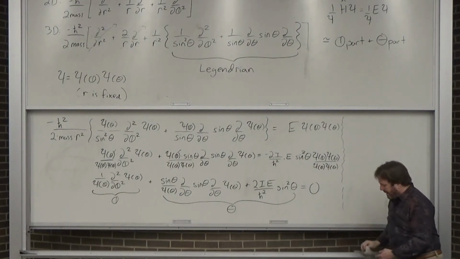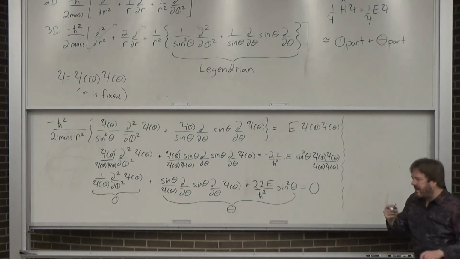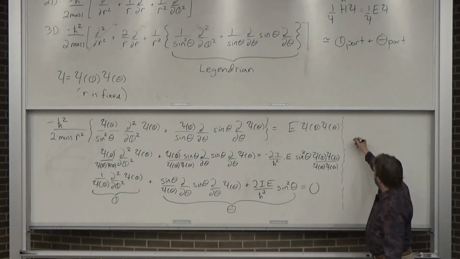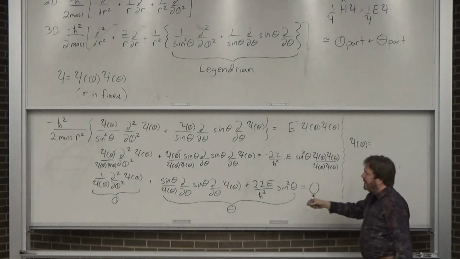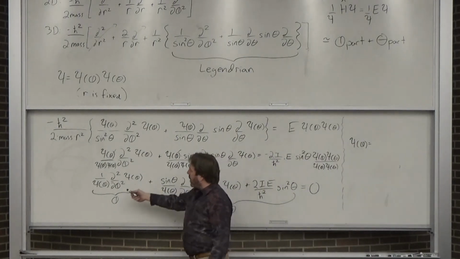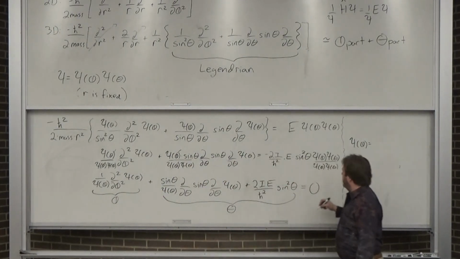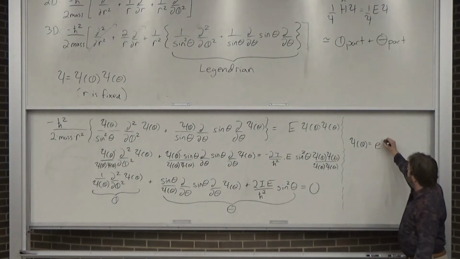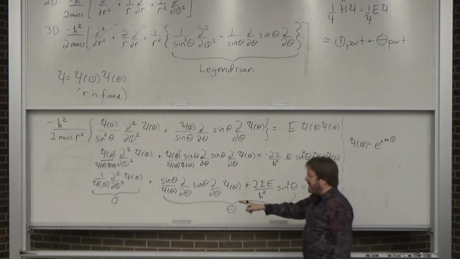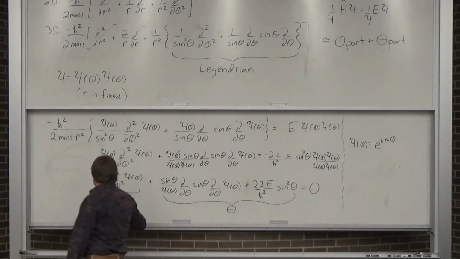Let me point out, last bit, that the wave function of phi, we're actually going to just assume that it is e to the i m phi. Exactly what it was in the two-dimensional case.